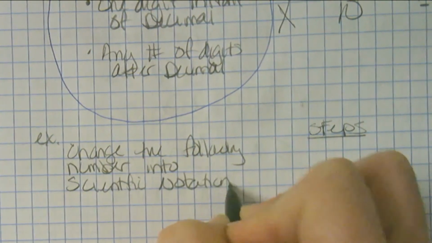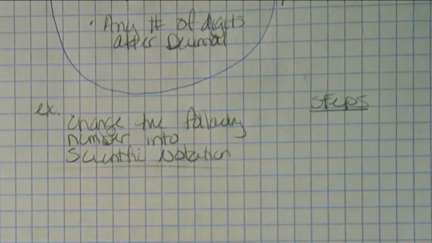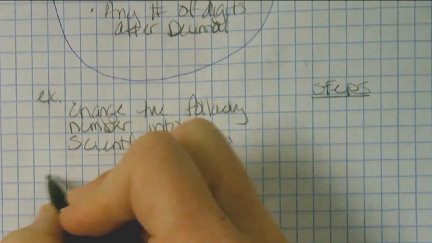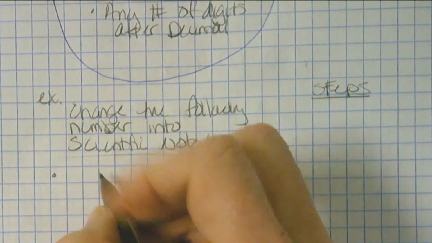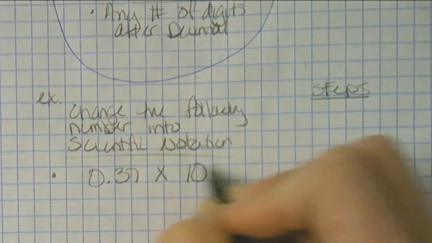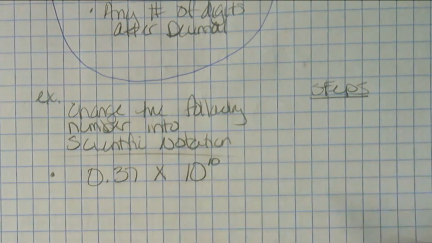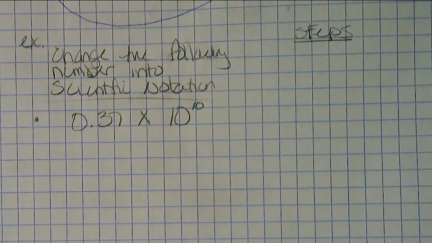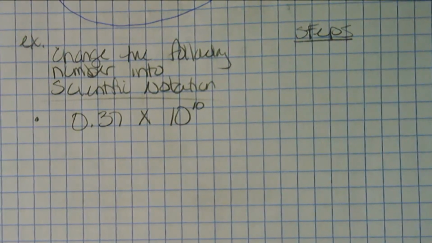When they say that, they mean proper scientific notation, because when I show you what we're doing, you'll understand what I mean by that. So my example is 0.37 times 10 to the 10th. Why is this not in proper scientific notation? I mean, why am I saying change this into scientific notation?